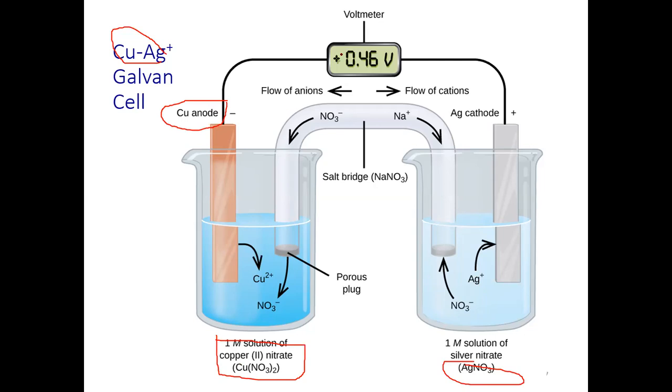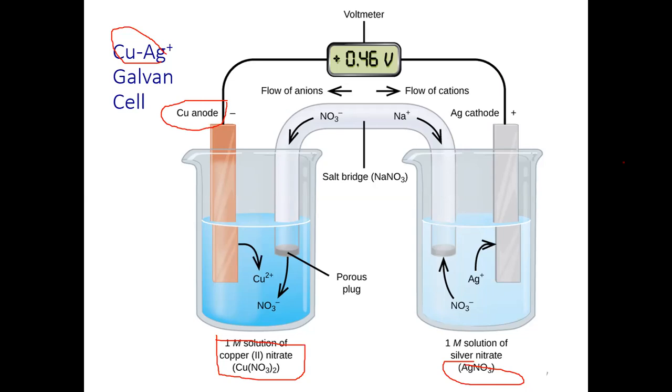So what is going to happen when we complete the circuit here? The electrons will start to move from one place to another. What do we know about where the electrons are going to move from and where they are going to go? We know that oxidation and reduction chambers are there. The negative anode is where oxidation is happening, the loss of electrons.